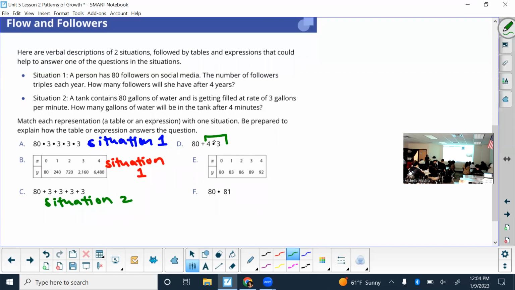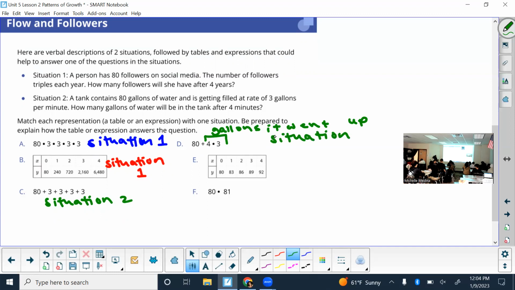So this chunk, the 4 times 3 represents what? The gallons it went up. And then the 80 is what it started with, right? So total, it gives you the gallons, but just that chunk would give you the gallons it went up. Good. So that would be situation 2 if you didn't write that down.